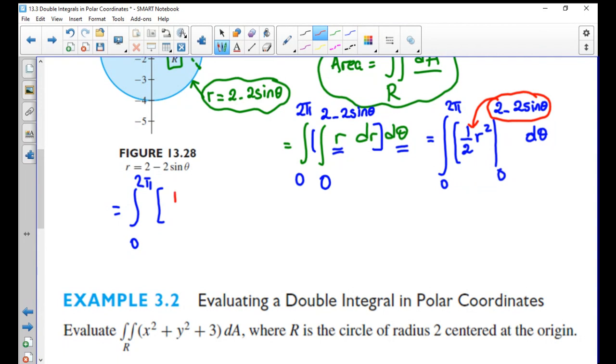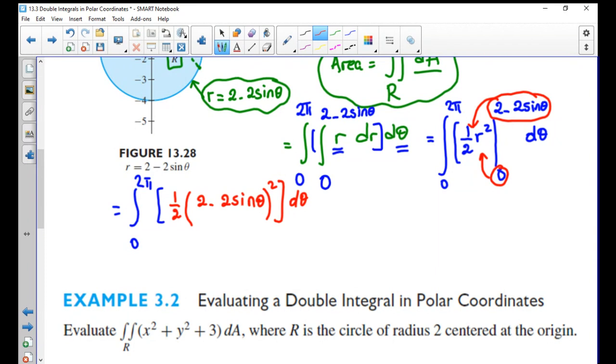So it's going to be half of 2 minus 2 sine theta squared. And when we substitute the 0, it's 0. So it's going to be this d theta. Are we okay with this?